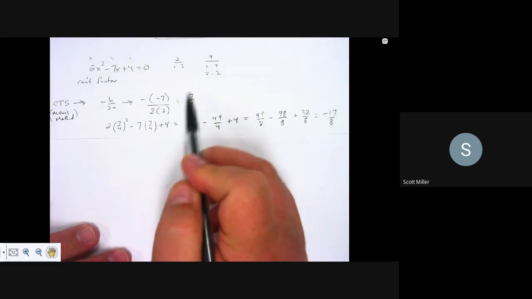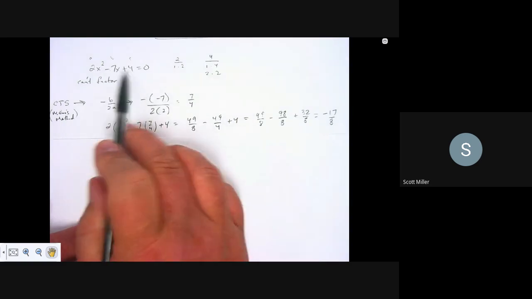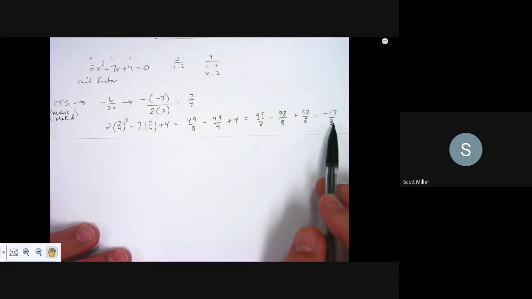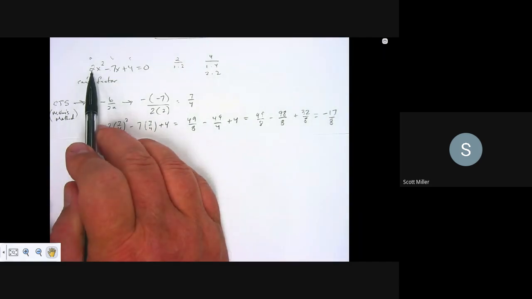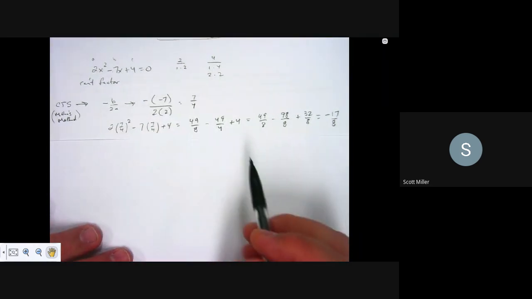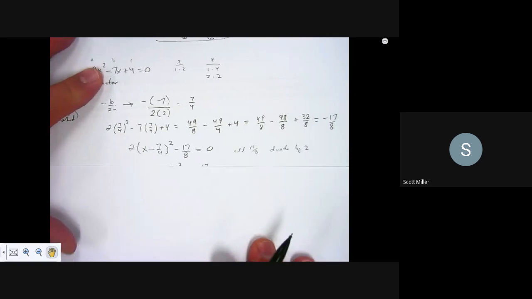That's the x-coordinate. Take the 7/4 and plug it into that, and then work it out, and I get a -17 over 8, and that is the y-coordinate of the vertex. The leading coefficient is 2. So with these three numbers, I can just put it into vertex form, and I get that right there.